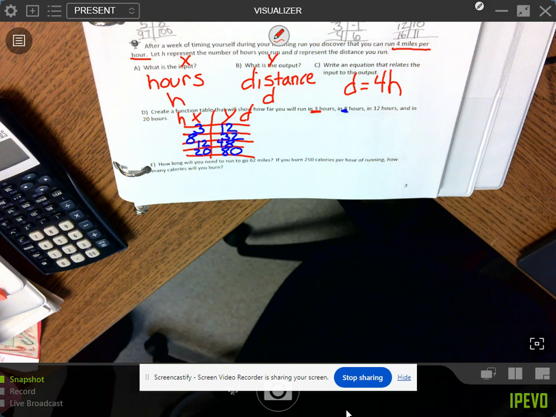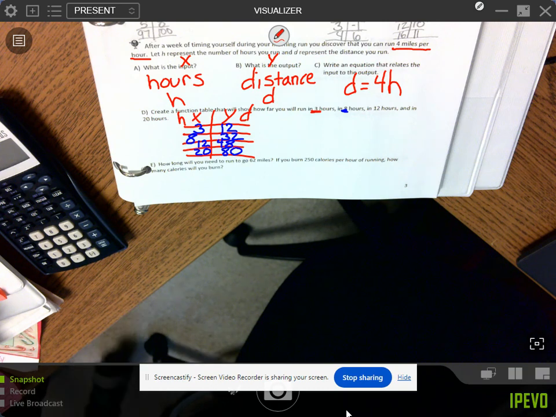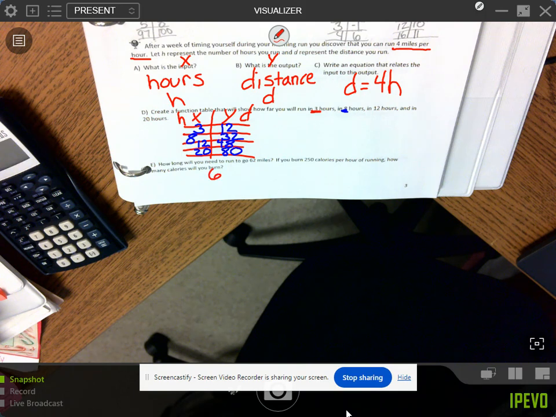Jude? 15 and a half. 15.5. How did you find that? 62 divided by 4. Because we know our distance is 62, and our equation is 4h. So I'm going to plug 62 in for my distance.